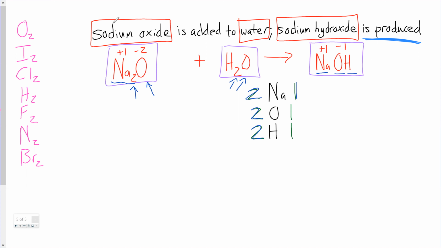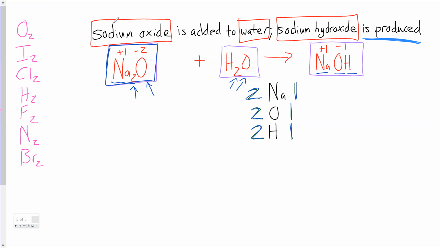So 1, 1, 1. The whole reason we have to balance is because the law of conservation of mass says that we cannot create or destroy anything. So now we have to make sure the number of atoms on each side match. We can't change anything about the formula because, for instance, sodium oxide is Na2O. I cannot change anything in this box.